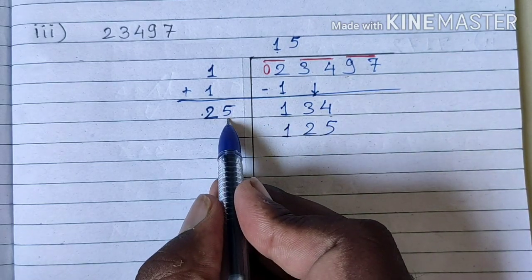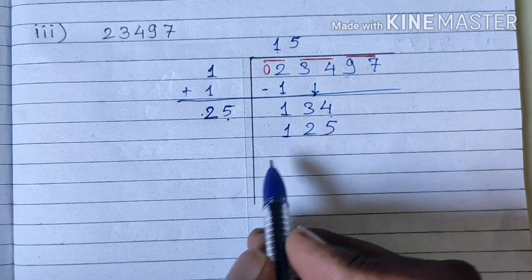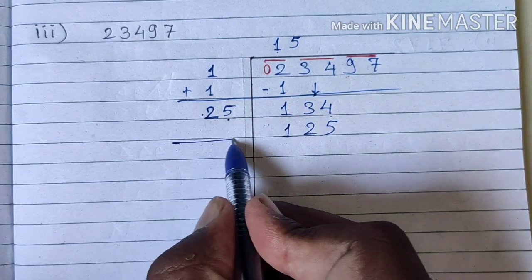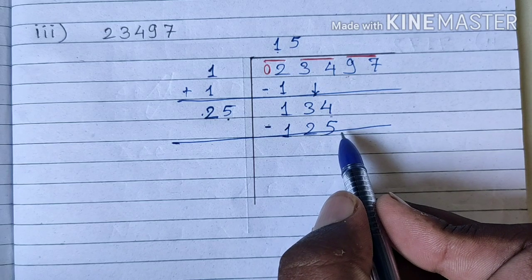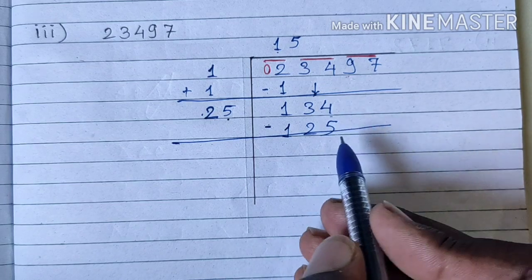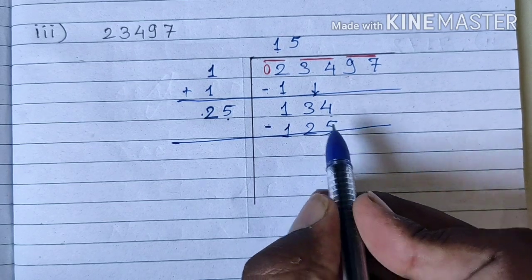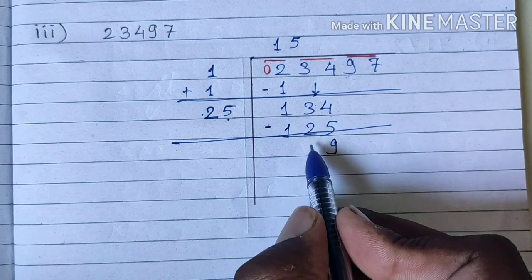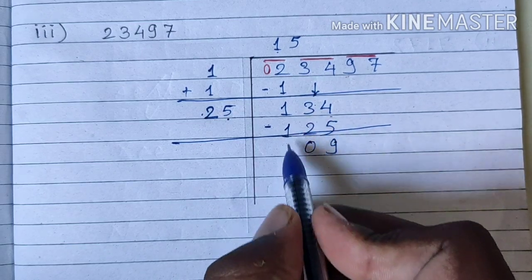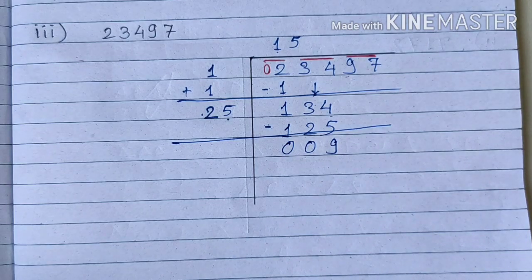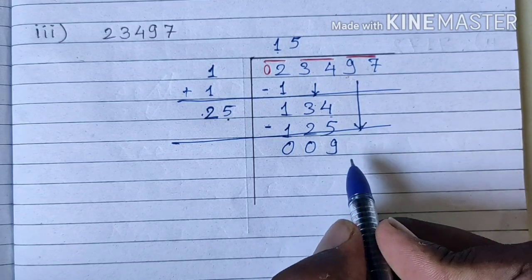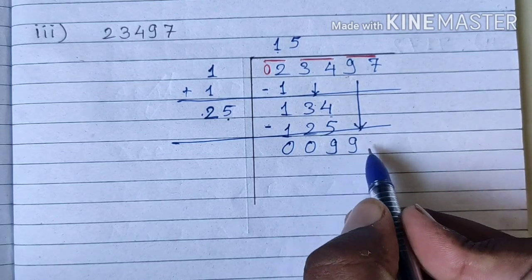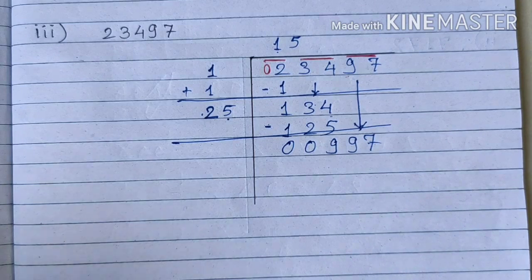If we take 6 here, then it will be greater than 134. Make a subtraction. 14 minus 5 is 9. 2 minus 2 is 0 and 1 minus 1 is also 0. Next number will come down and it is 97.